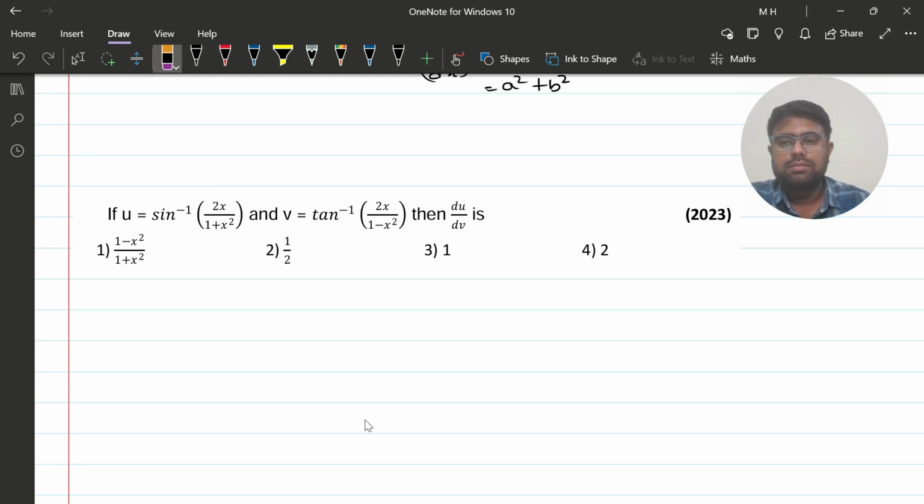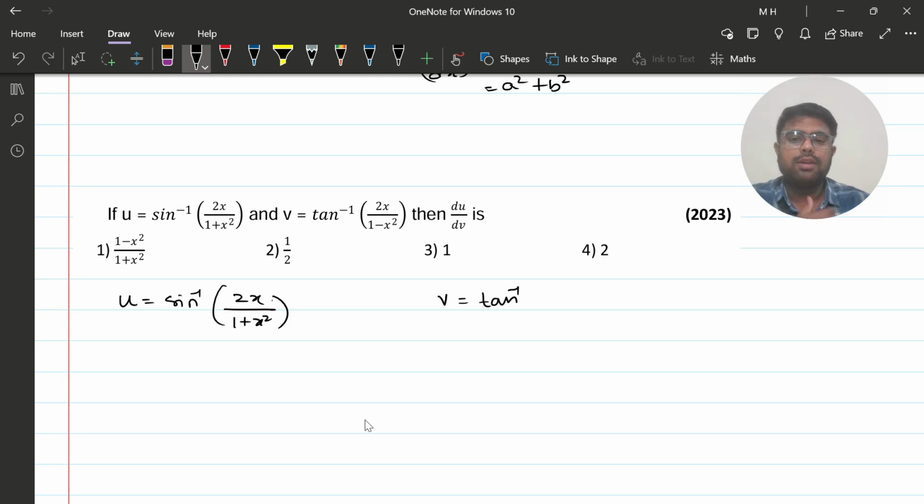So I'll first consider u equal to sine inverse 2x by 1 plus x square, and then v equal to tan inverse 2x divided by 1 minus x square.